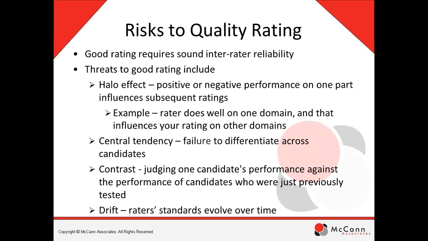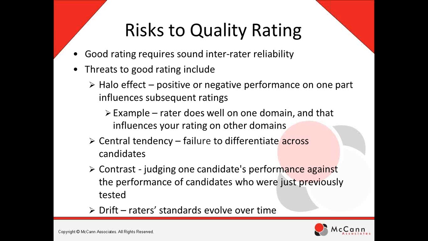There are known risks to the high quality of rating, and CCHI takes great efforts to mitigate this risk. Good rating requires sound inter-rater reliability. That is, raters must agree with the ratings of the same test taker's response to an item. To the extent that the raters agree, we have good inter-rater reliability.